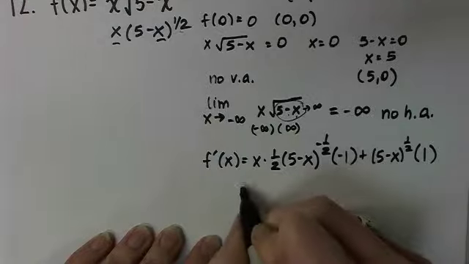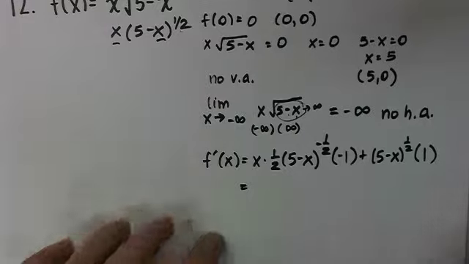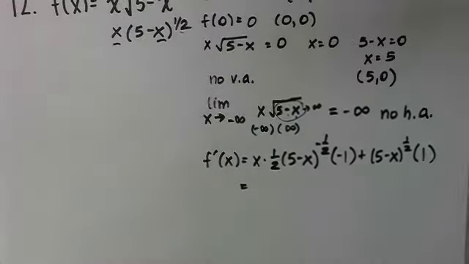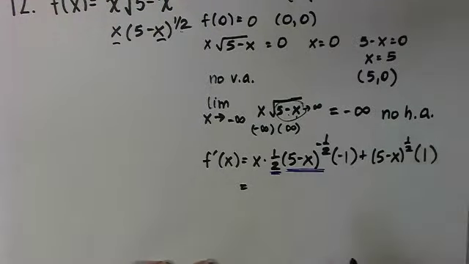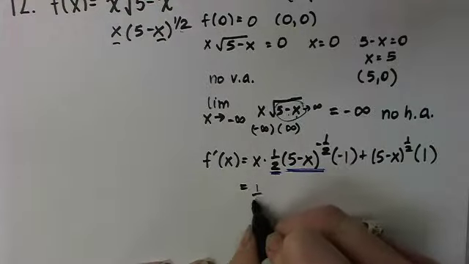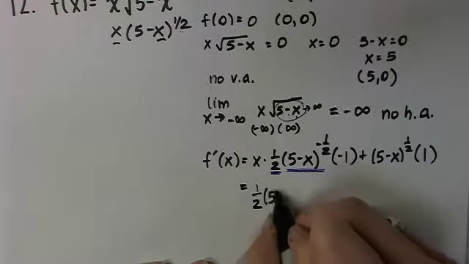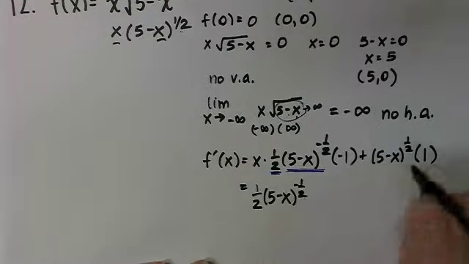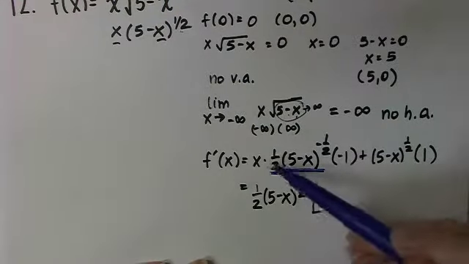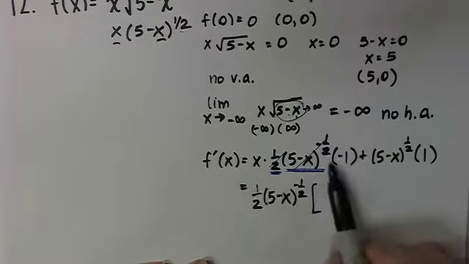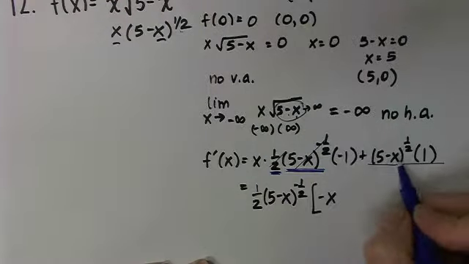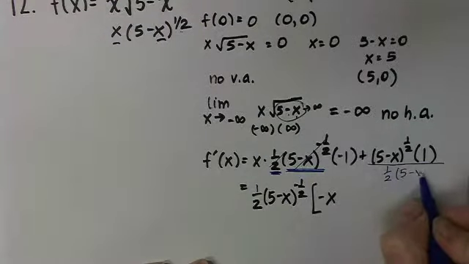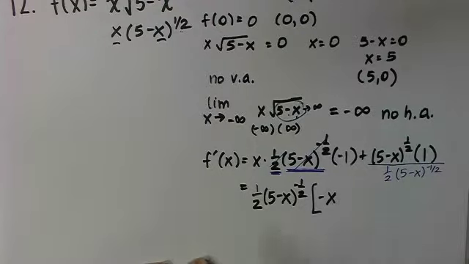Let's factor out a 1/2 and (5 minus x) to the negative 1/2. What that's going to leave us with is x times negative 1, so we'll have a negative x left over. And then factoring out, remember, means you're dividing by it. Dividing by a 1/2 is the same as multiplying by 2.